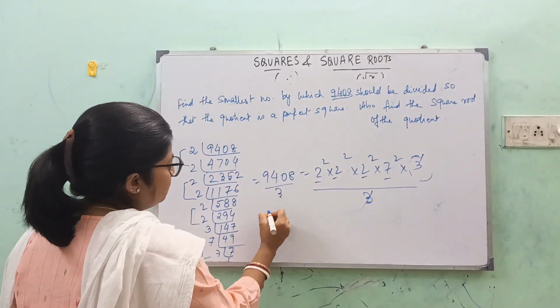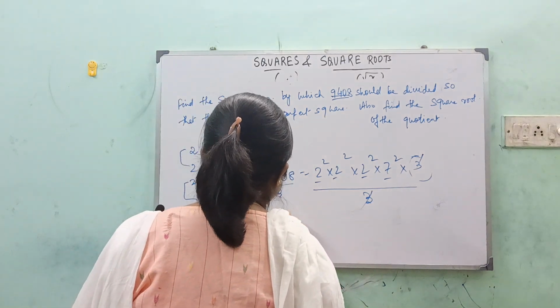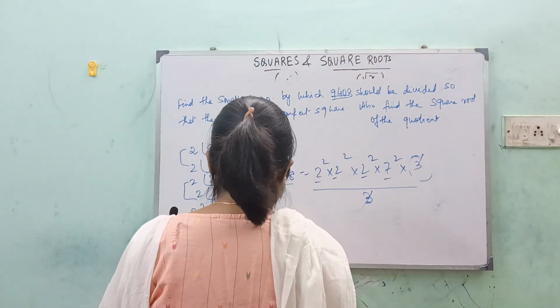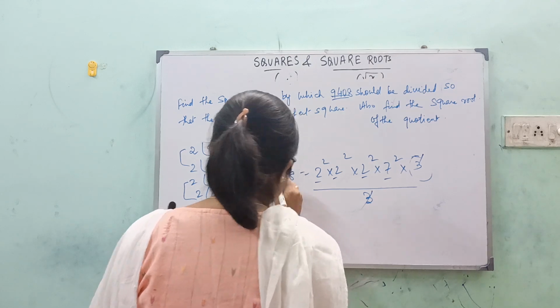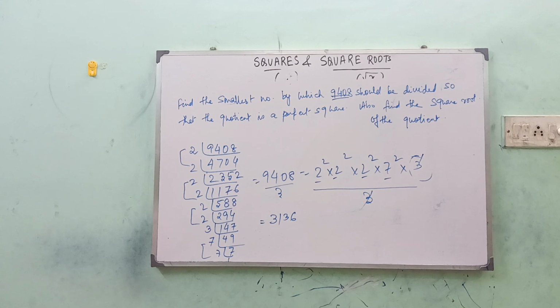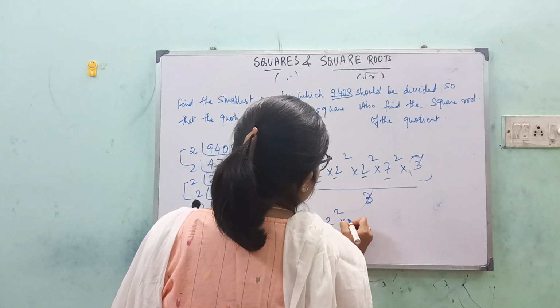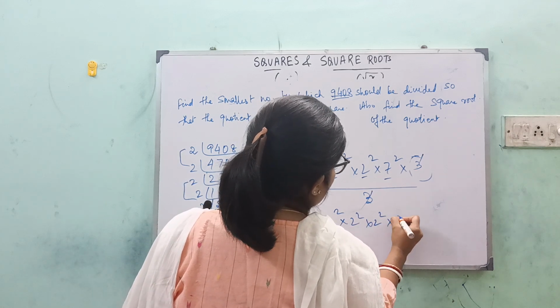So we get over here 3136. 9408 divided by 3 is 3136, and this is 2 square into 2 square into 2 square into 7 square.